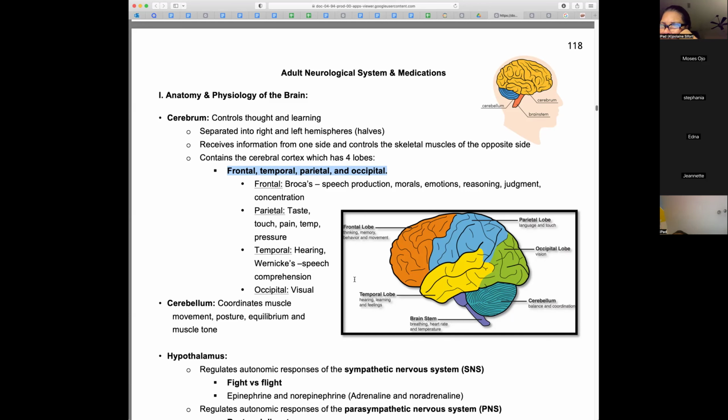You must know the medulla oblongata before you take the NCLEX. This picture can also help you as you're studying. You have cerebrum, cerebellum, and brainstem. Make sure you know the 4 lobes of the cerebrum and what they're responsible for.